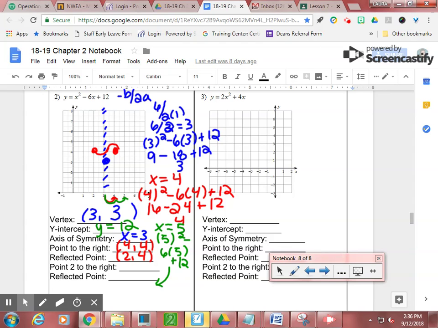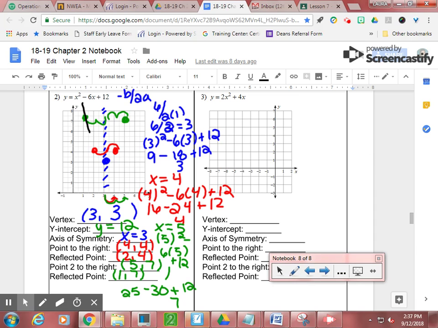And that is going to give you 25 minus 30 plus 12. And that's going to give you 7. So this is the point we plugged in 5. We got back 7. So over 5, up 7. And I say, how far away am I? I'm 2 away. So I need to go 2 away on this side. So that's the point over 1 and up 7.